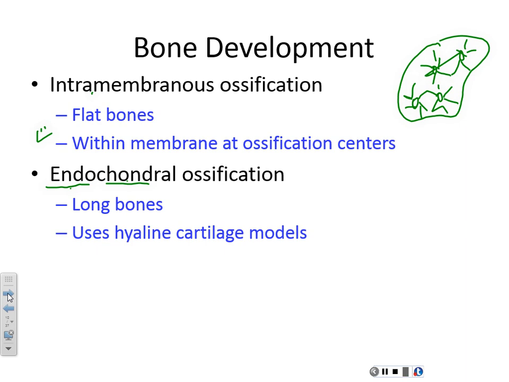Most of the long bones in the body, and the rest of the bones except the skull flat bones, are all endochondral. It uses hyaline cartilage models for the future bone. Endochondral ossification has a whole bunch of steps.